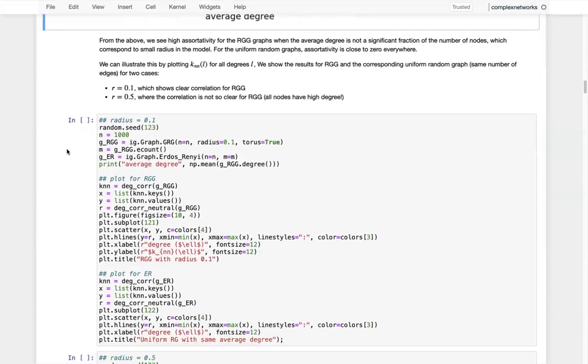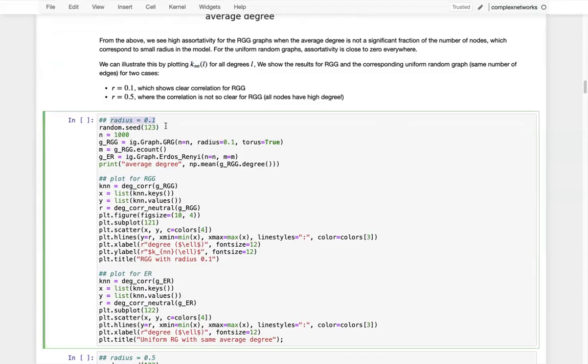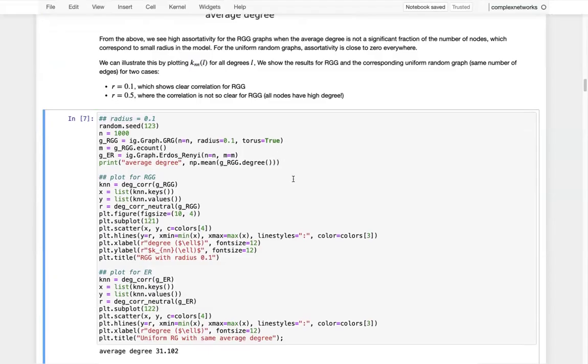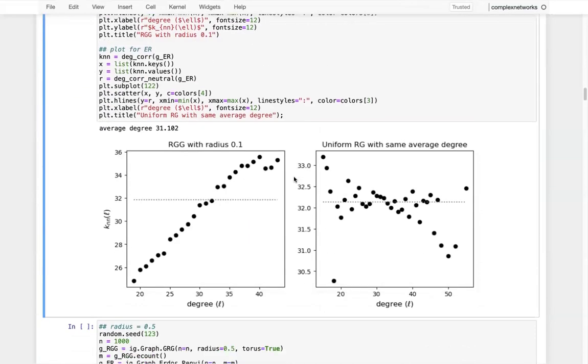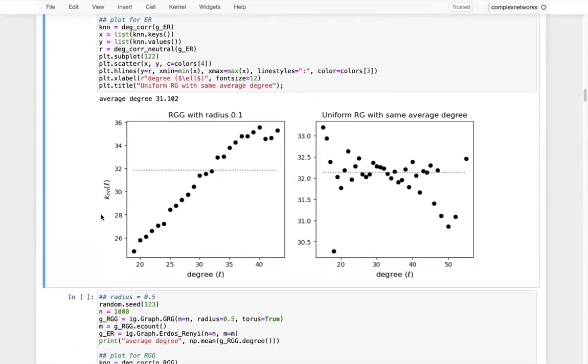which we're going to see in more detail here, where we're actually going to plot the degree correlation function KNNL for two of the cases that we saw earlier. So a relatively small radius, let's run it. So we're generating the graph and basically plotting the distribution of the degree correlation function as a function of the degree.